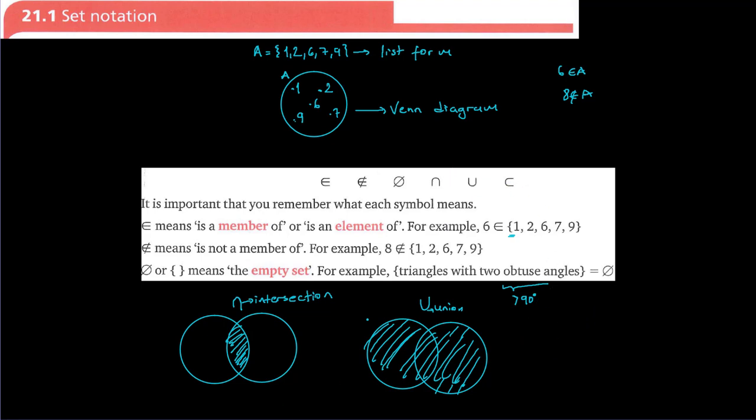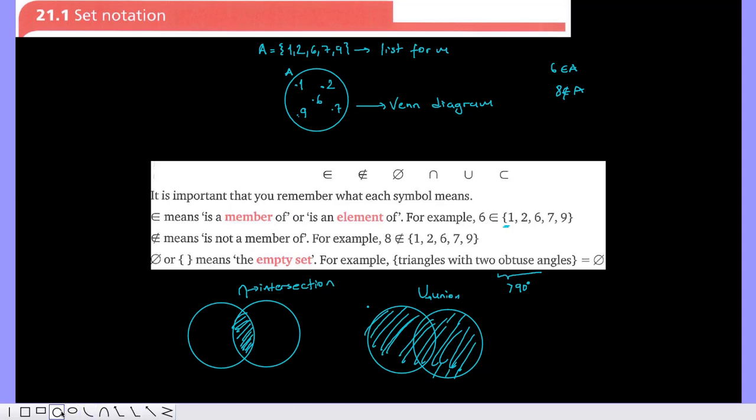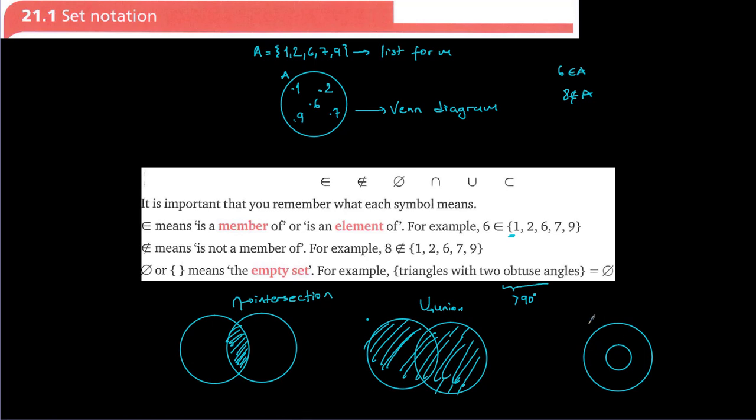Subset means that inside a set we have another set. Here, this is the set A, this is the set B, so B is a proper subset of A, which means all the elements of B also belong to A.